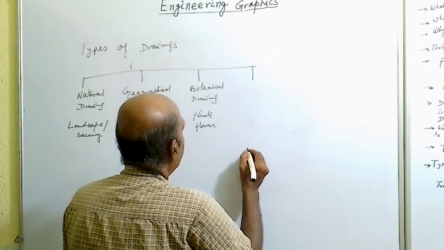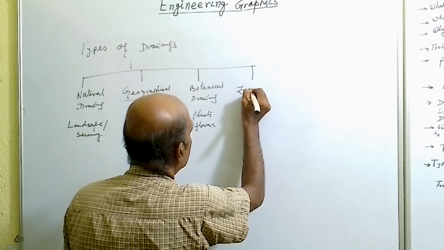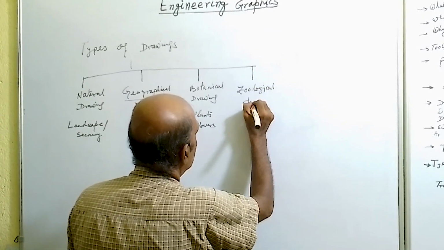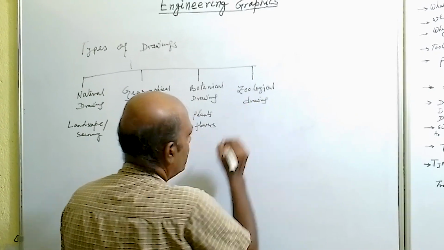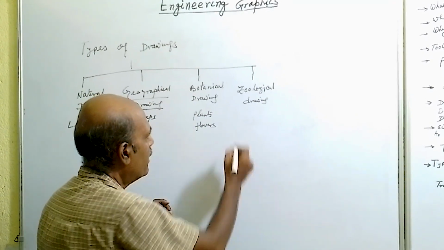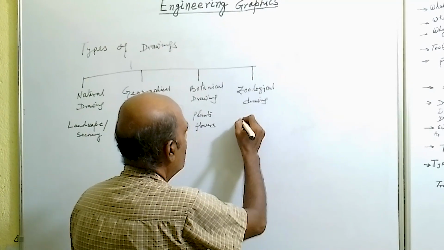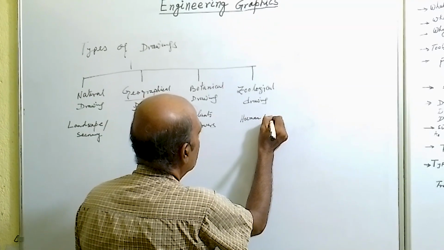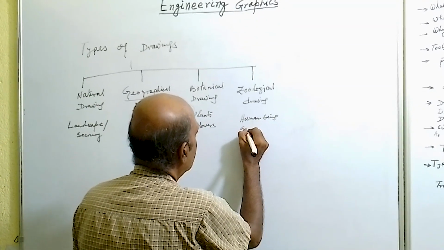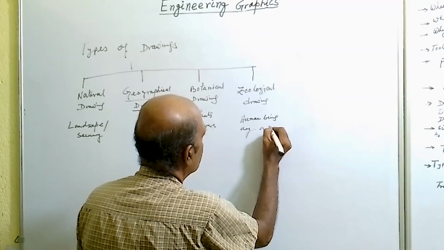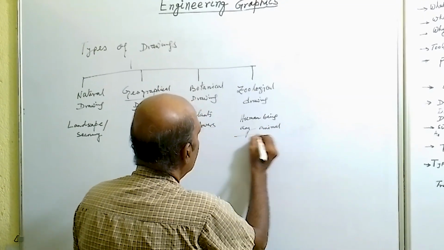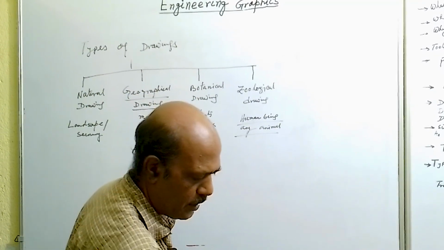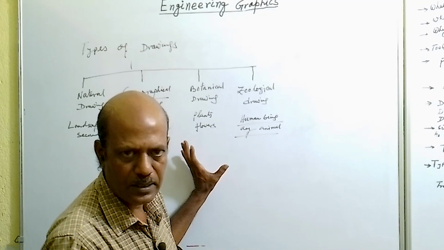And next kind of drawing is zoological drawing. So in this, the drawing of human being or any animal is coming under zoological drawing. So these two we have seen in our biological subject.